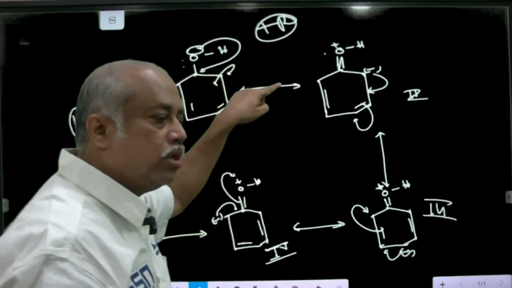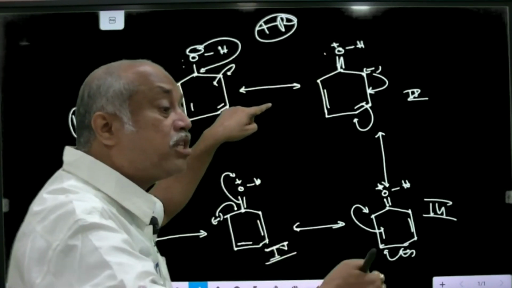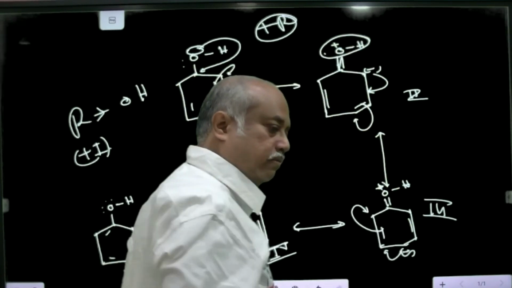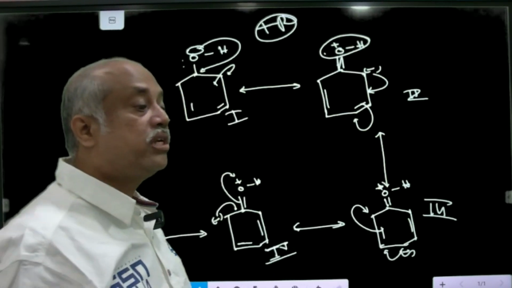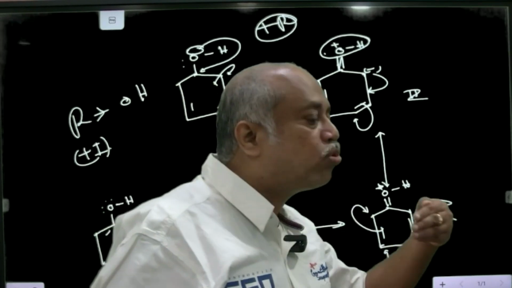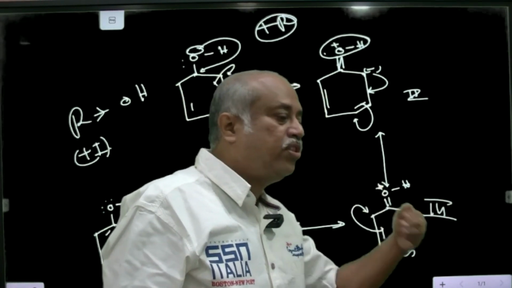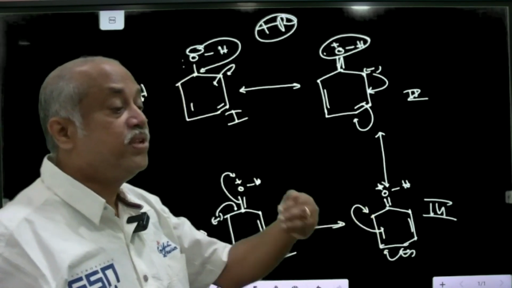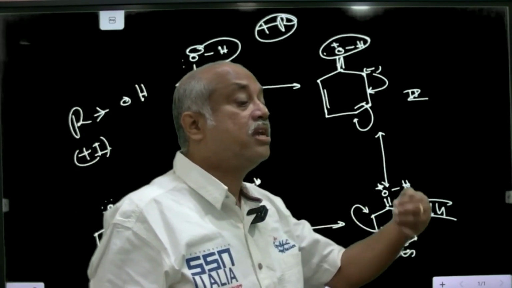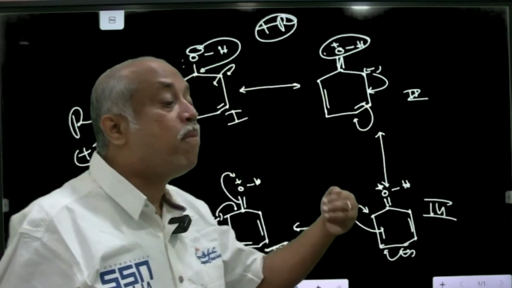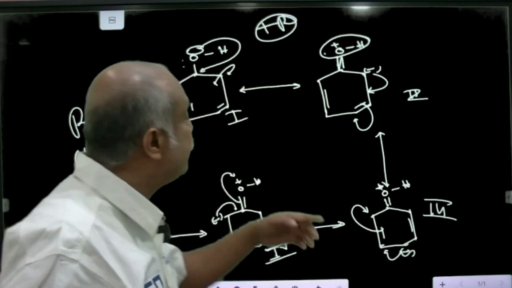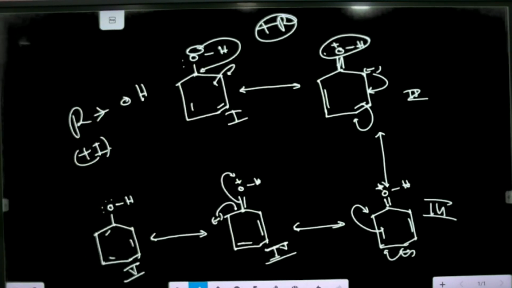So it can release proton much more easily because the bond strength is weaker. This is a big question: due to resonance, phenol has much higher acid strength than any type of alcohol.